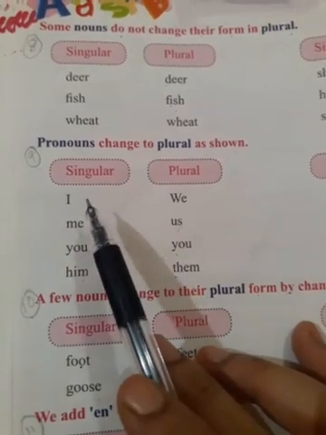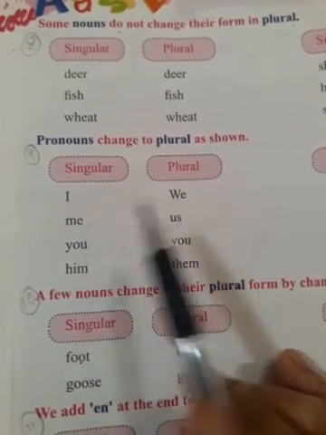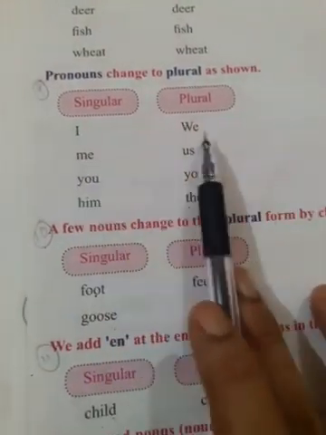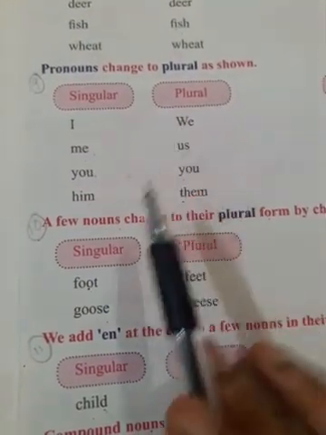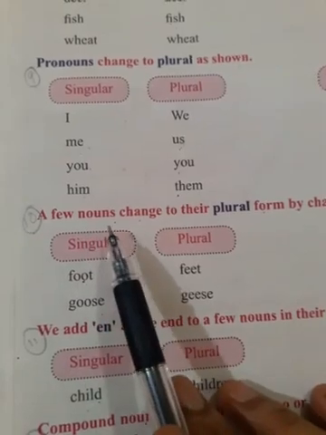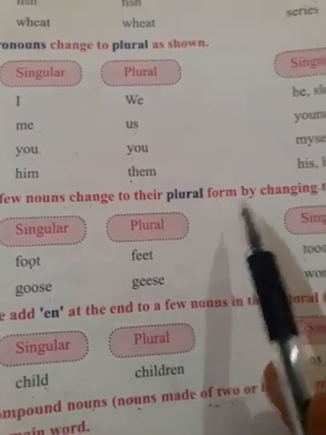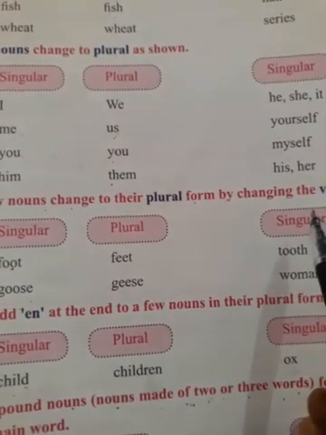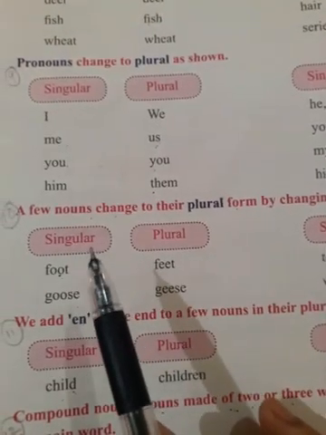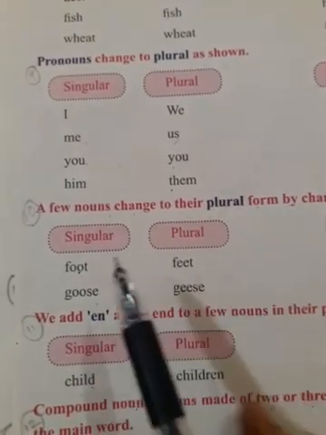Singular me, plural us. These all words are pronouns only. Understood? 10th rule. A few nouns change to their plural form by changing the vowel.